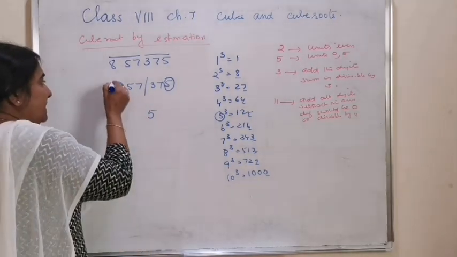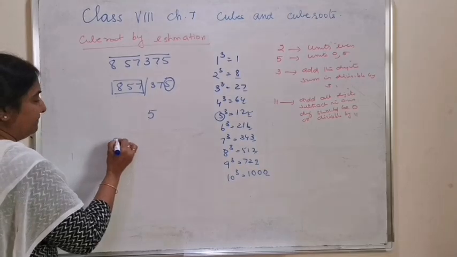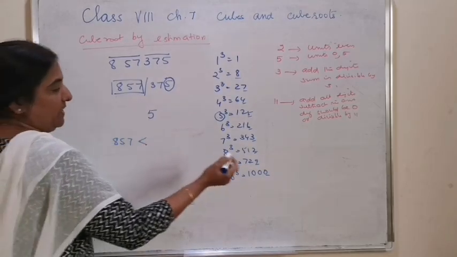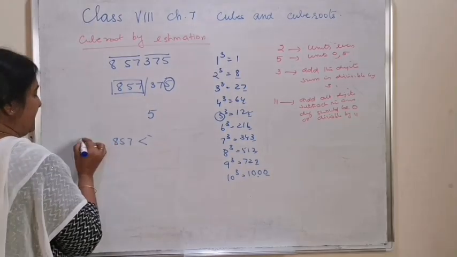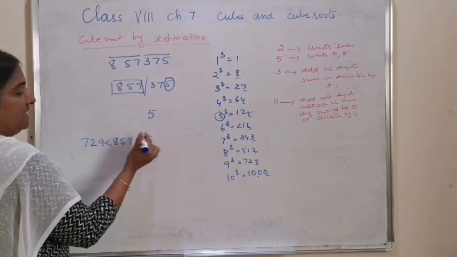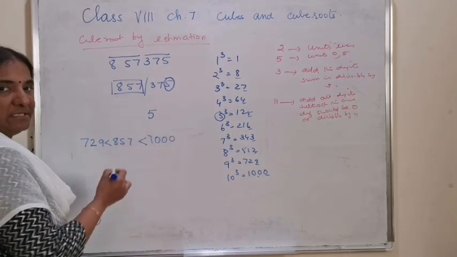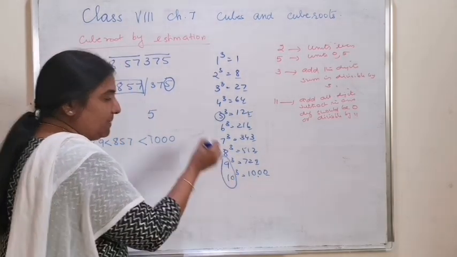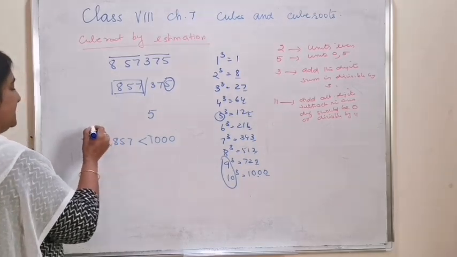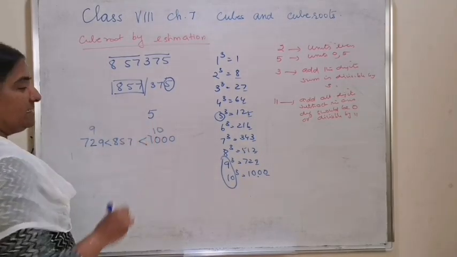Now, the number 857 is lying between 729 and 1000, which means that the number possible for the tens digit is either 9 or 10.